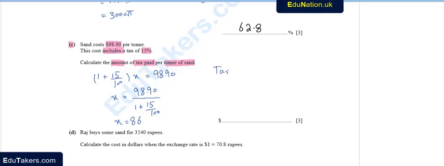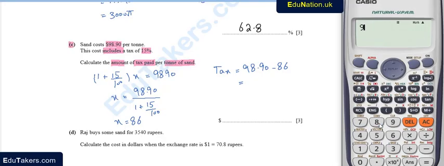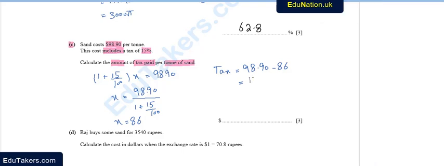Now the tax equals 98.90 minus 86. 98.90 minus 86 is equal to 12.9. So the tax is $12.9.